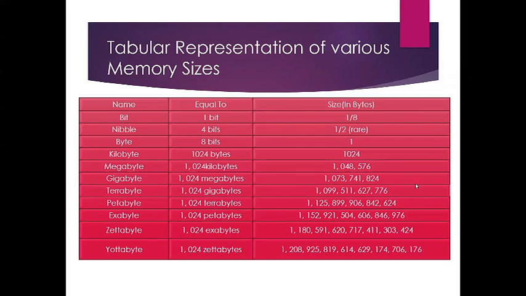But big data always starts from the terabyte side. So you can see that the data size is maybe terabytes, petabytes, or exabytes, maybe zettabytes or yottabytes. These are the byte sizes, and these are the number of bytes in the corresponding name, right?